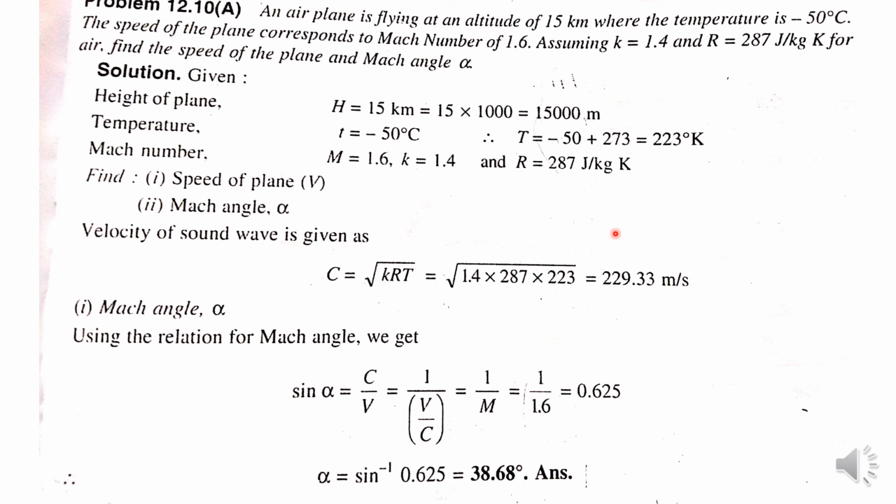Just calculate it. My speed of the plane V is 478.928 meters per second.